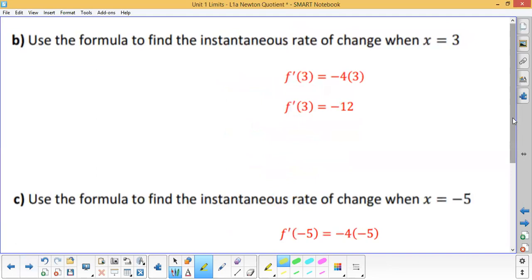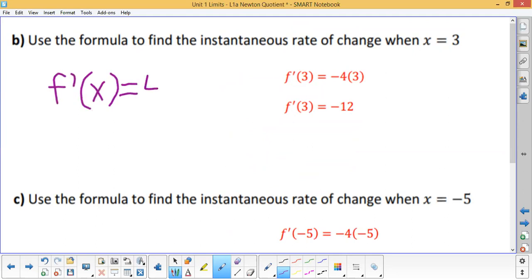Use the formula to find the instantaneous rate of change when x is equal to 3. Well, now that I have my derivative, f prime of x is equal to negative 4x. I should make that clear.